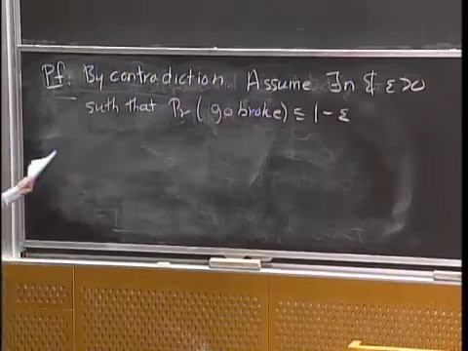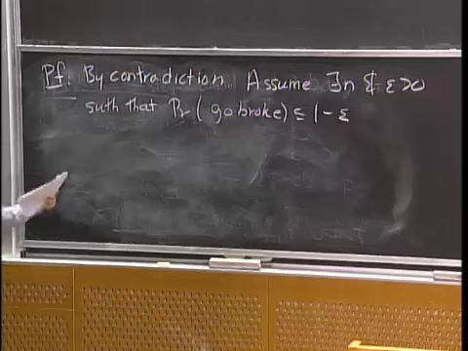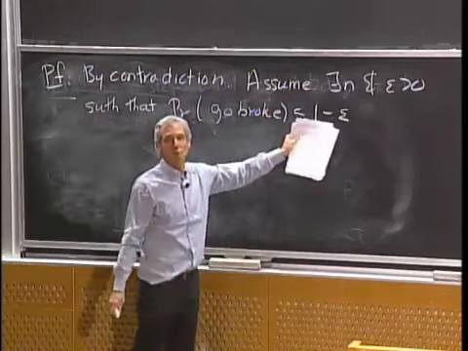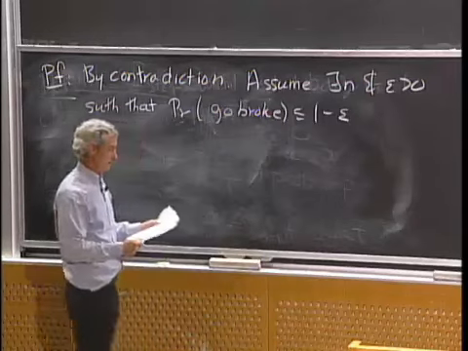In other words, if the theorem is not true, there exists some amount of money you can start with such that the chance you go broke is less than 1 minus epsilon.